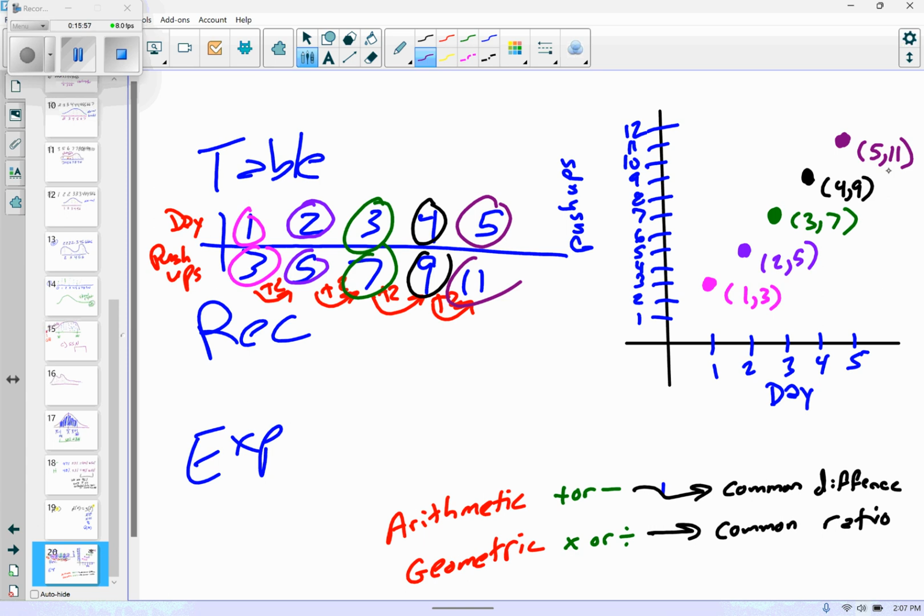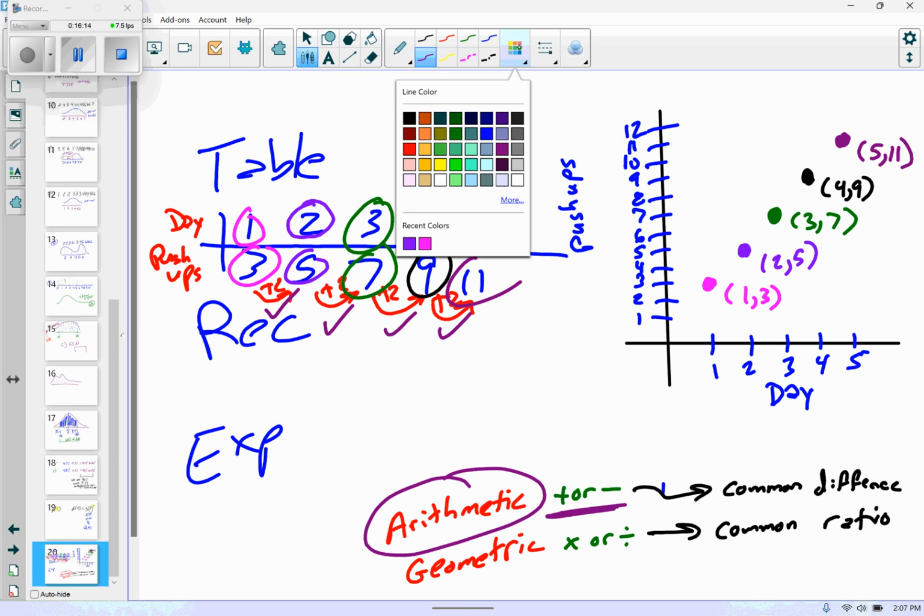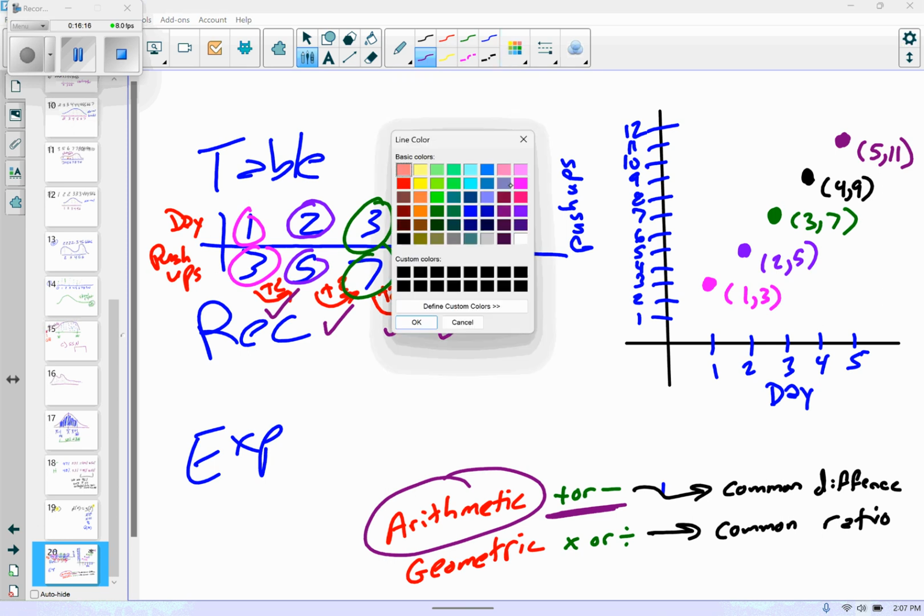Adding and subtracting goes with what? Arithmetic. So this is arithmetic because we are adding or subtracting. That's where we got here, here, here, here. All right. So now let's see if we can discover a little bit more here.